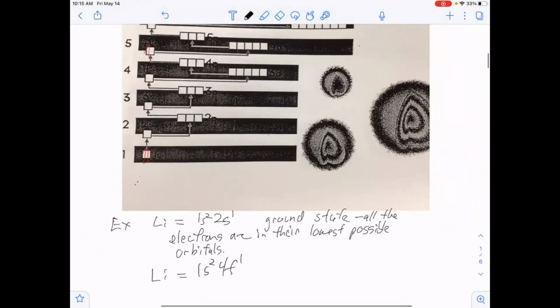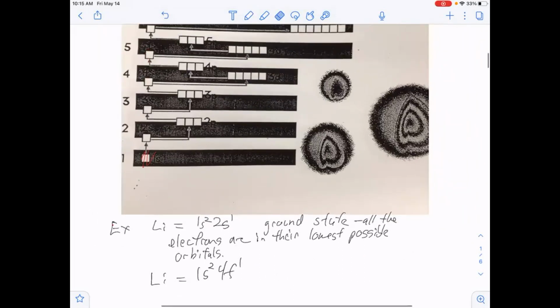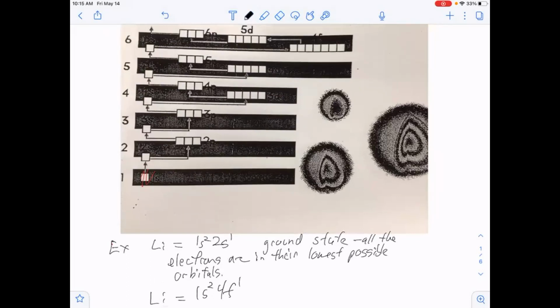For example, if it was 1s2, 4f1, that would be excited. The electron should be all the way down in the 2s, but it's not. I excited it up to the 4f. If it's not in the lowest available orbital, we say it's excited.